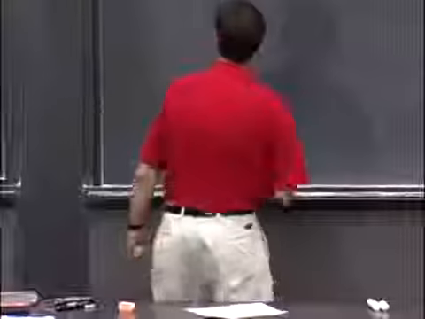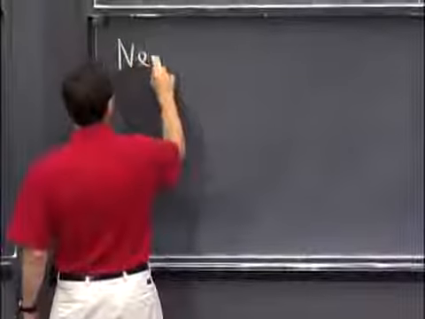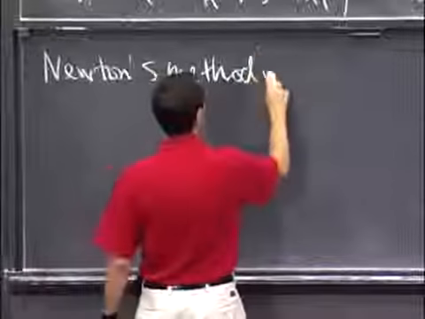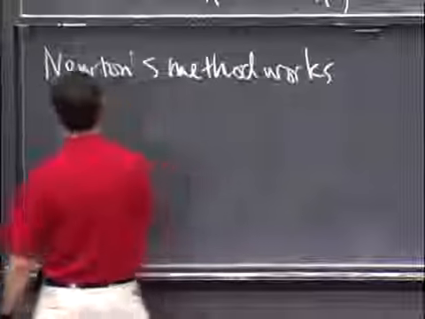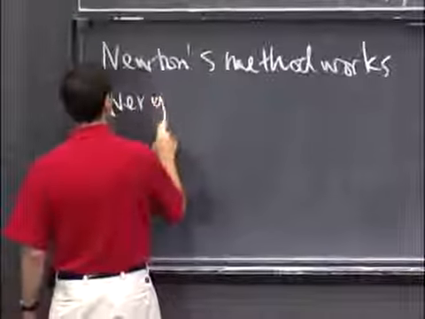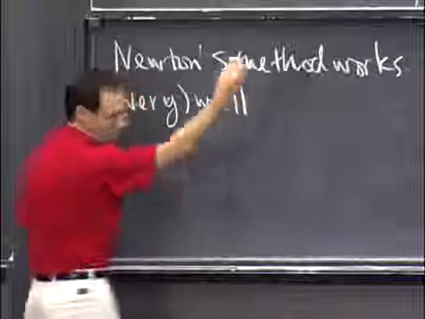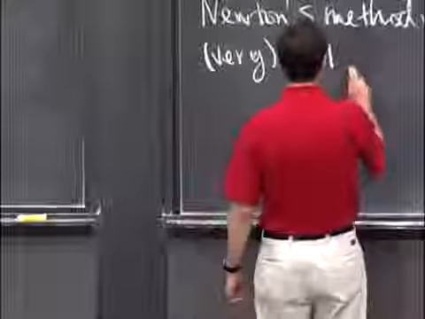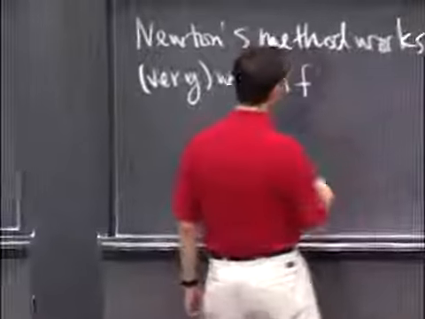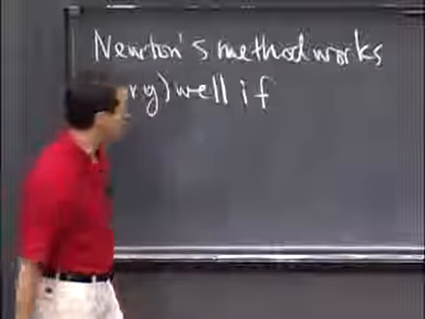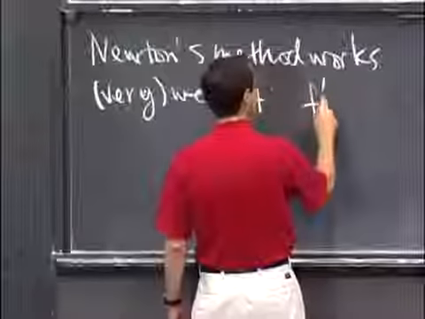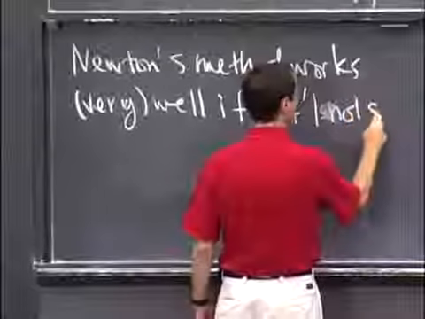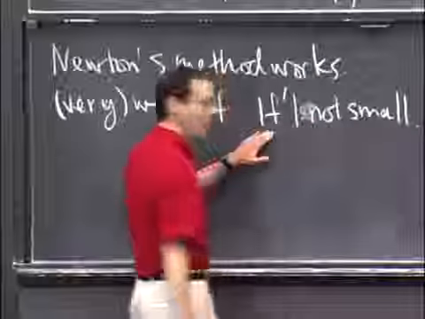So let me just summarize by saying that Newton's method works very well, by which I mean this kind of rate. And I want to be just slightly specific. There are really two conditions disguised in this. One is that f prime has to be not too small.